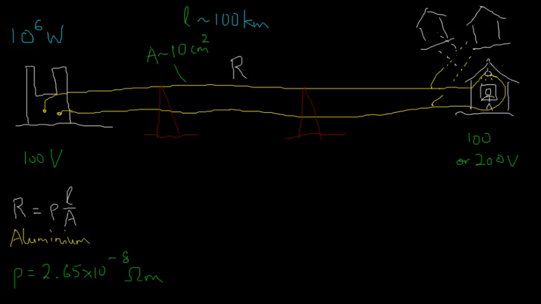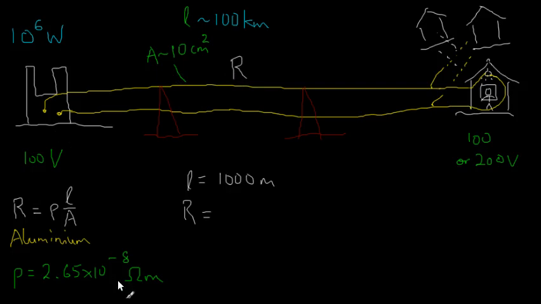So suppose that L is 1 kilometer, so that's 1000 meters. Using these numbers, I want to find the resistance of 1,000 meters of this aluminum wire that has a cross-sectional area of 10 cm squared.